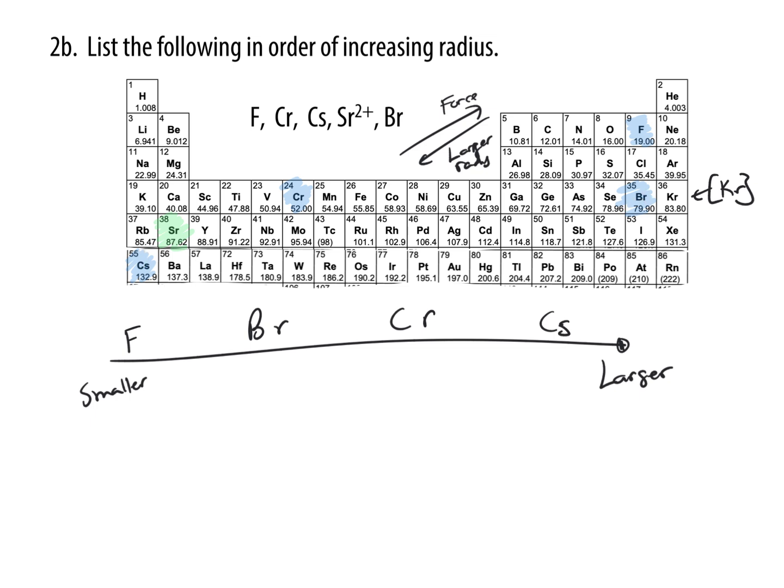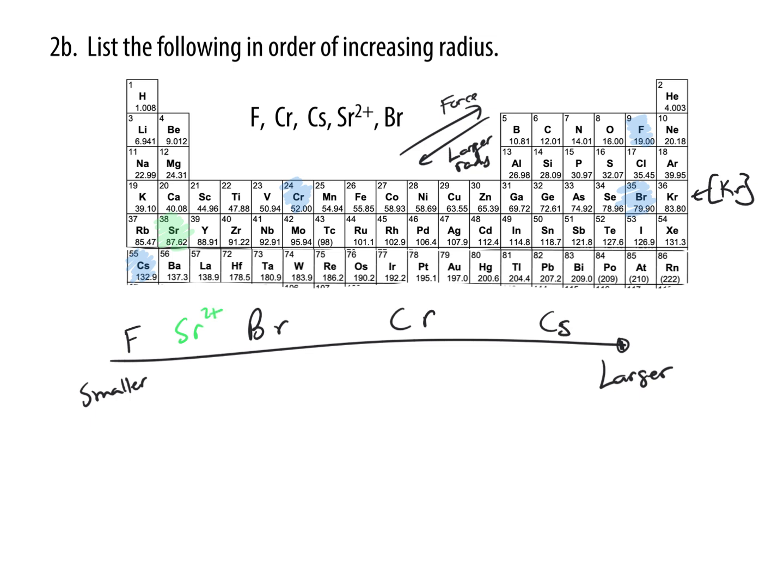It would be, I guess, just sort of slotting in here between Cr and cesium. But Sr2 plus is actually going to be quite small. It's got one extra electron compared to Br, but a couple extra protons. So probably smaller than Br, and Sr2 plus is probably going to slot in somewhere in here.